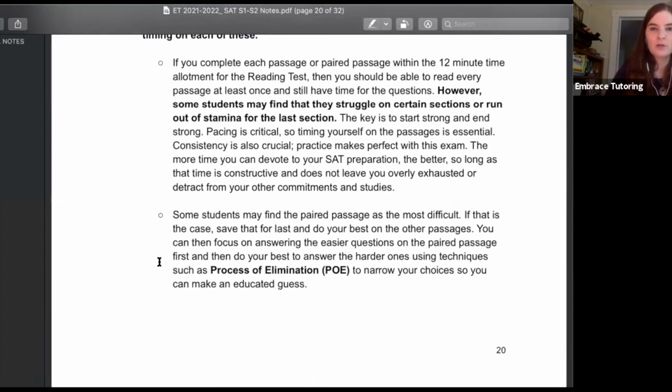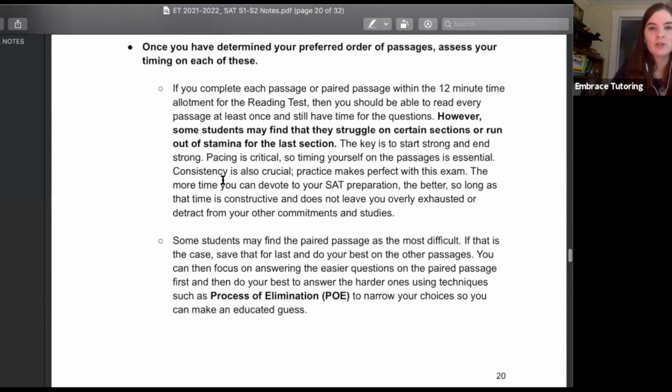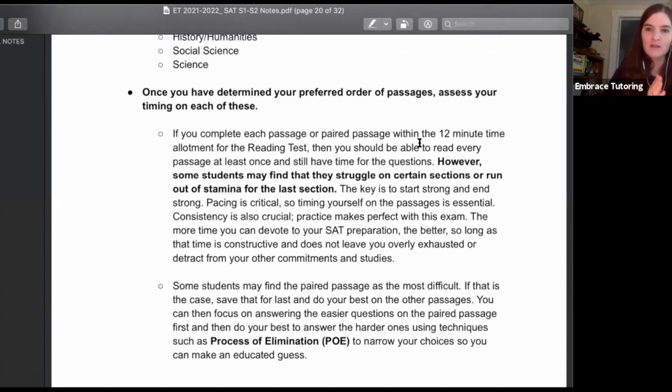You should also be working on timing, so making sure that you're trying to stay within that 12 minutes. Is anyone struggling to be in that 12-minute time frame for the reading test for each passage? Anyone completely not sure what I'm talking about? If so, please let me know in the chat or in the Q&A.